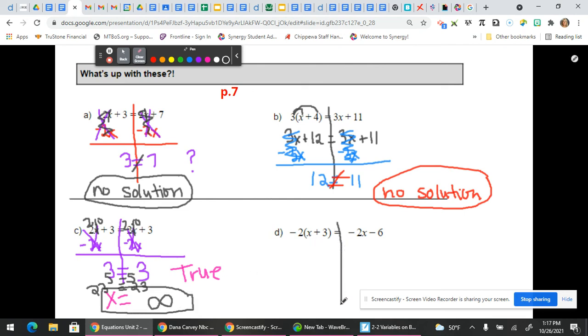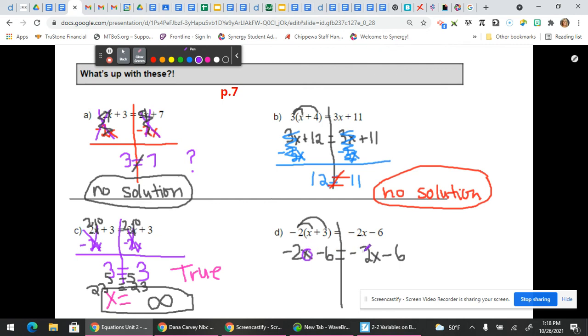And this last one, again, a lot of times when we have these special ones, you won't know it until the last minute. So here I'm going to share the -2 with the x, the -2 with the 3. I've got -2 times x minus 6, which is equal to -2x minus 6. Now, take a look. They are identical on both sides. If they're identical, no matter what number I choose for x, let's say I choose 0 for x.